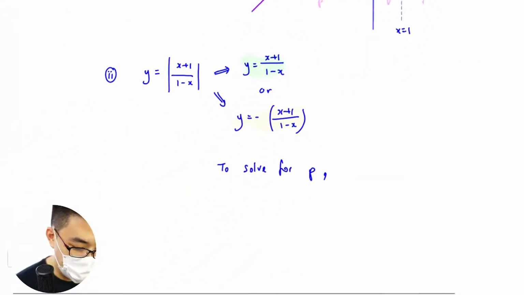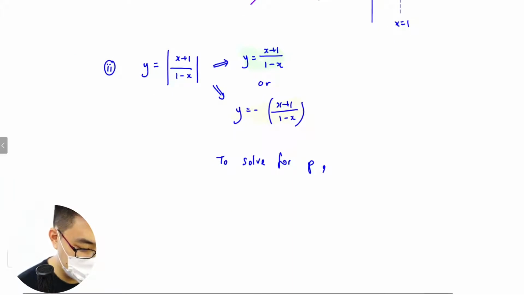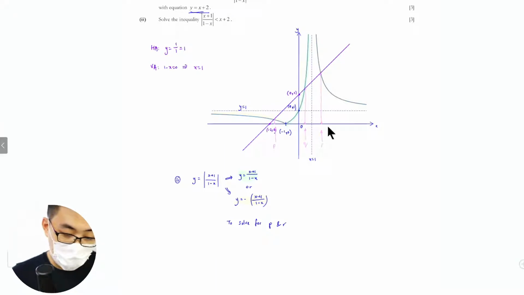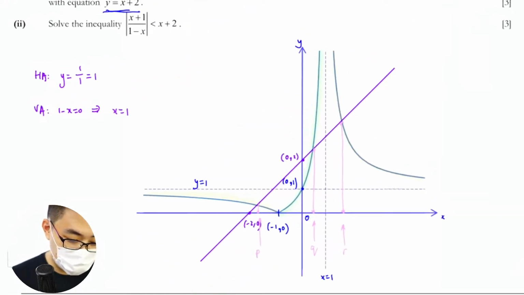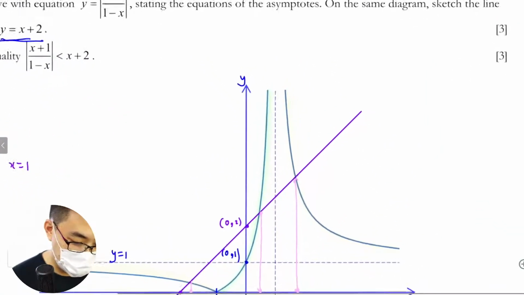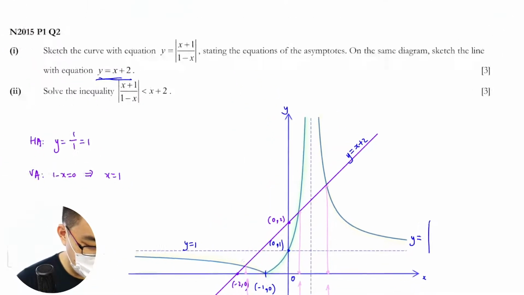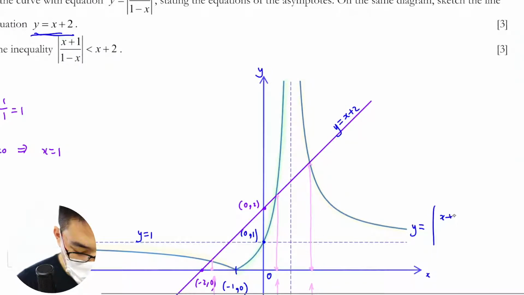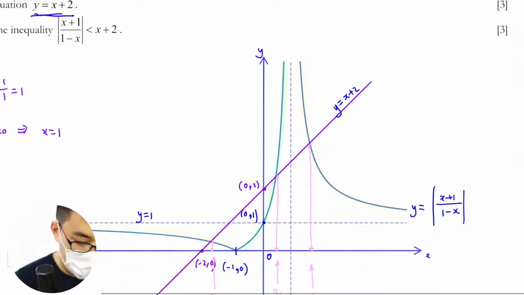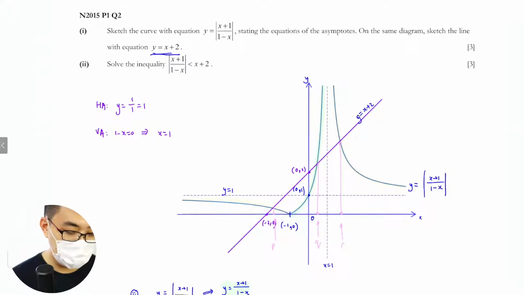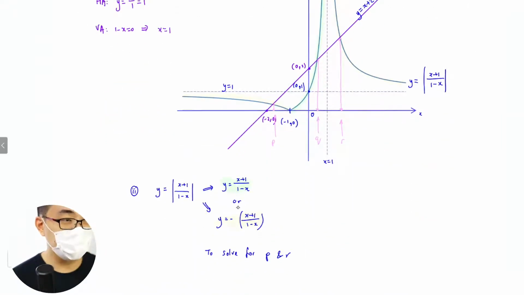So to solve for P and R, you take the line equation here, or I should label the line equation. This is y equals to... you take the line equation, intersect with the one that is being flipped up, which is this equation here.